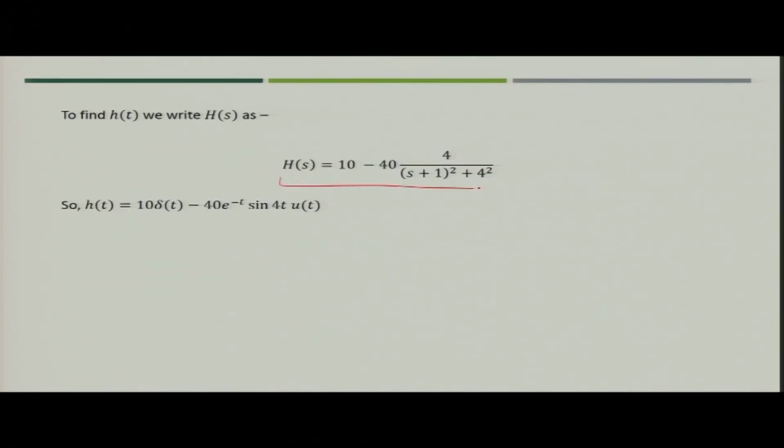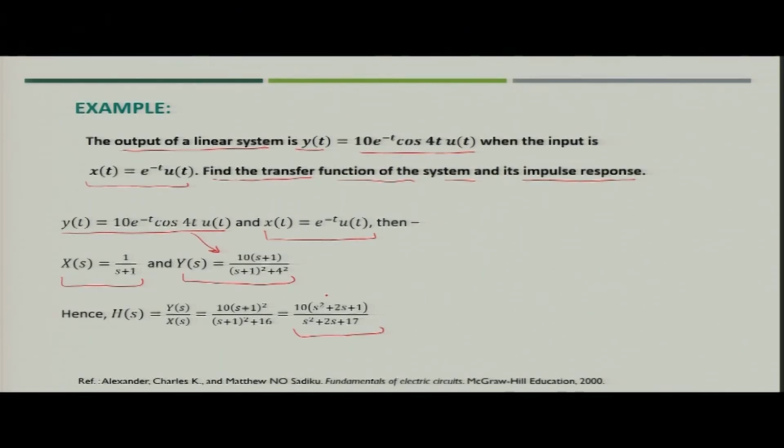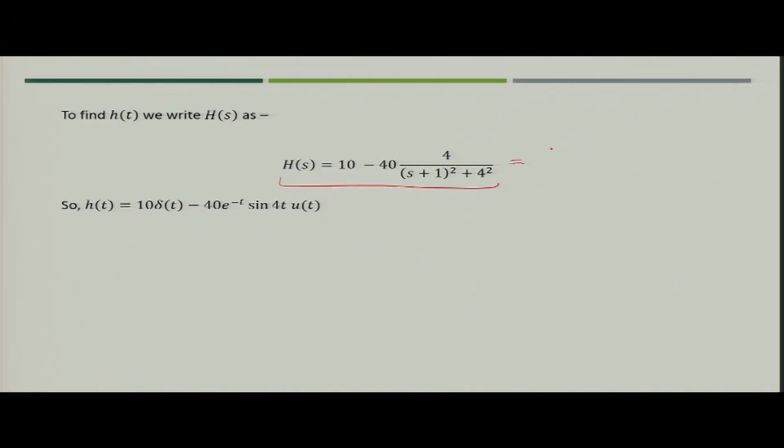Now, this particular function which you have got, if you rearrange these terms, you can simply write it as Hs is nothing but 10 minus 40 into 4 upon S plus 1 square plus 4 square. How? If you again simplify, then you will get the same function. So, if you put the value, this will become S plus 1 square plus, if you put 10 also, 10 into S plus 1 square plus 160 minus 160 divided by S plus 1 square plus 4 square.